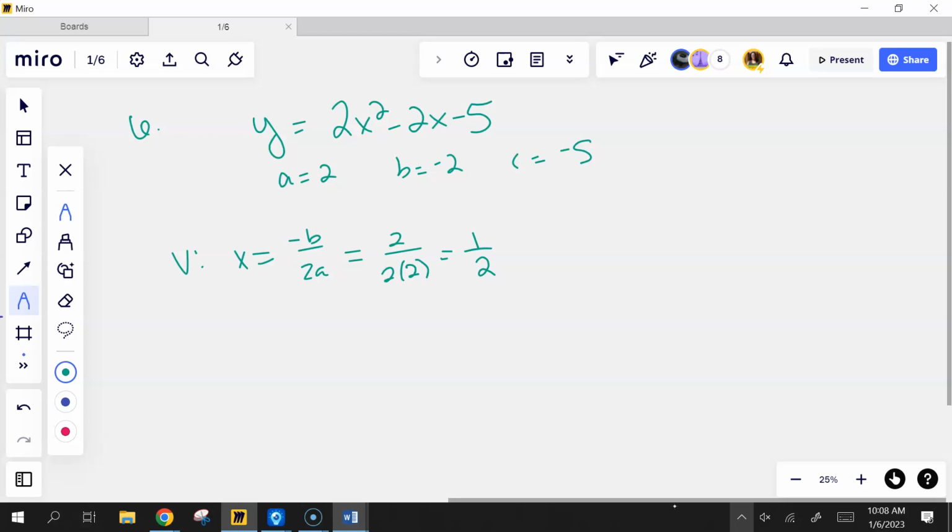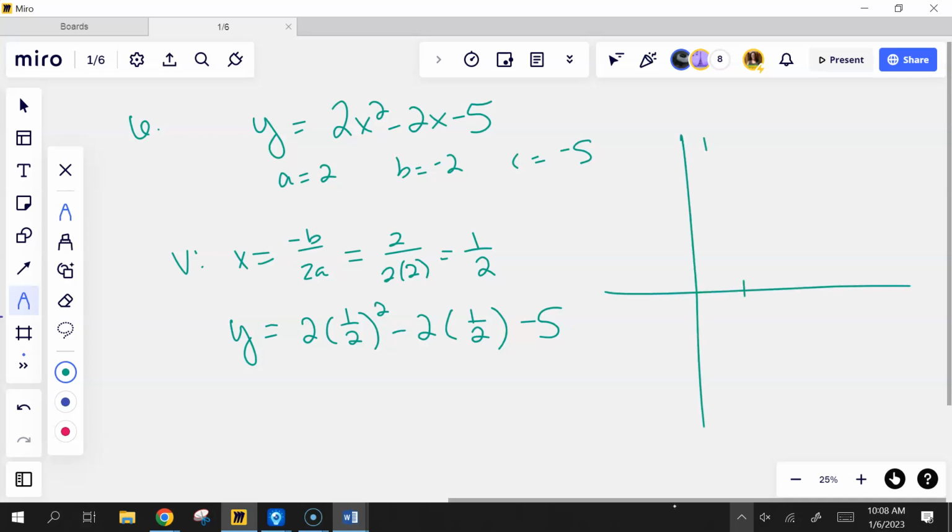Here's where, if this was me, I would definitely use the store function on my calculator to find the other half because I don't want to deal with this fraction this much. If you like it, go for it. Here's 1/2.